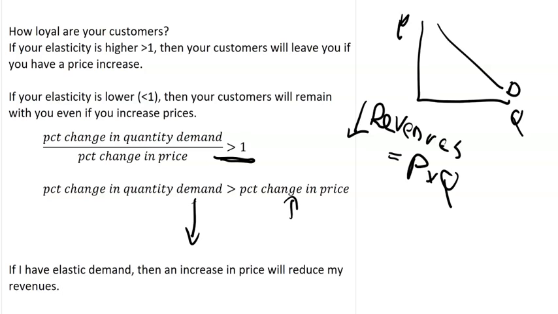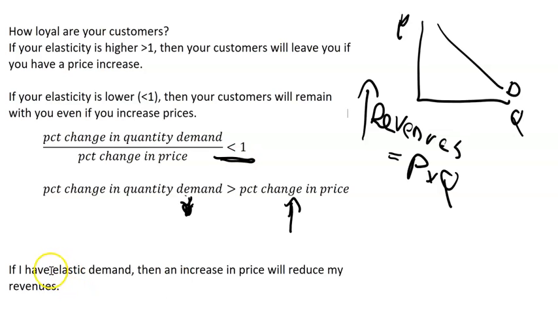On the other hand, if my demand is inelastic, so if elasticity is less than 1, then the opposite is true. That means if I increase my price a little bit, or by a lot, my quantity demanded will fall, but not by much, by a little bit. So in that case, my revenues will actually go up.